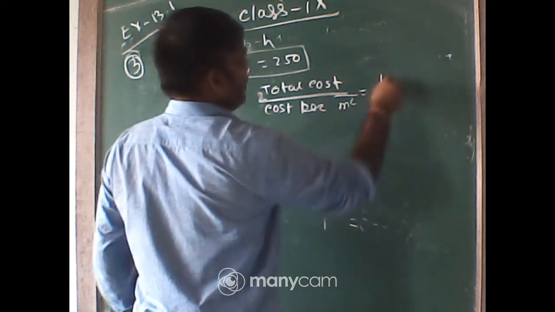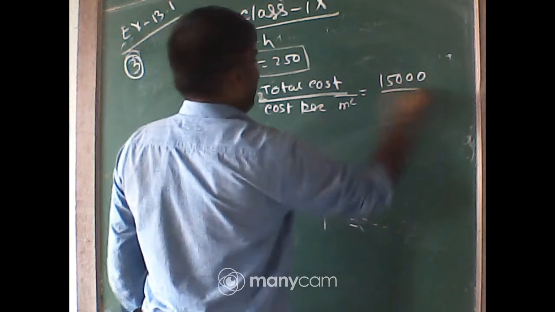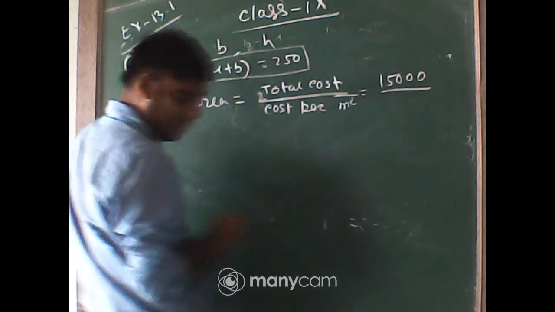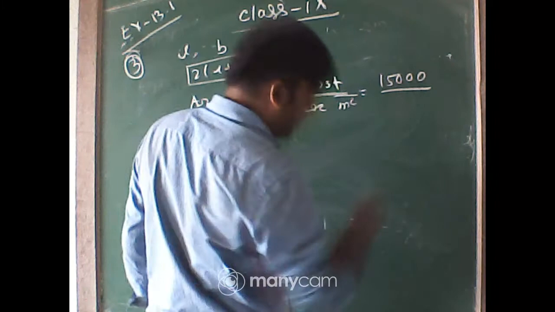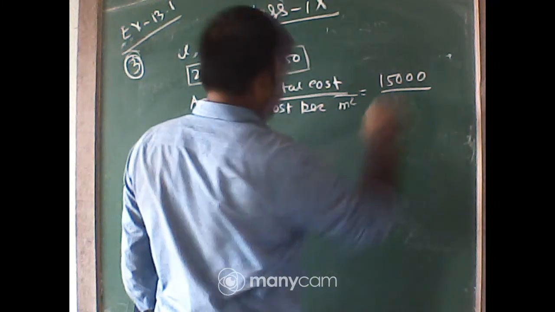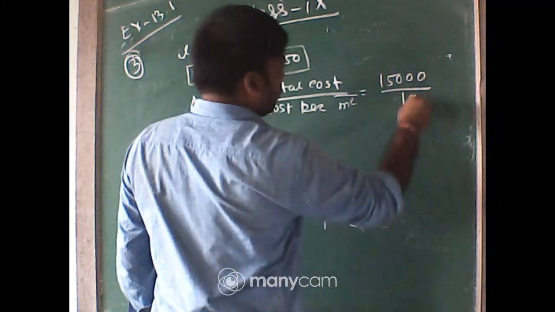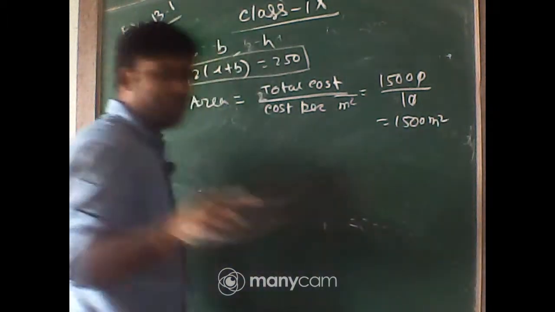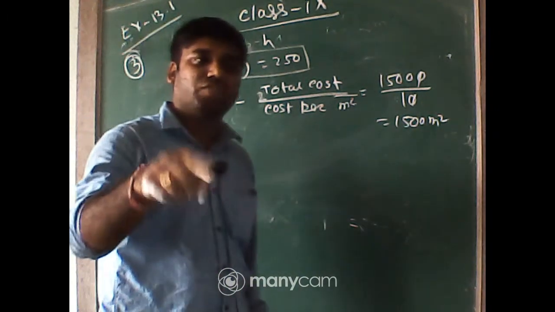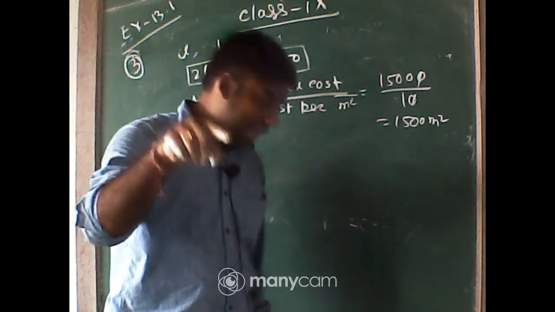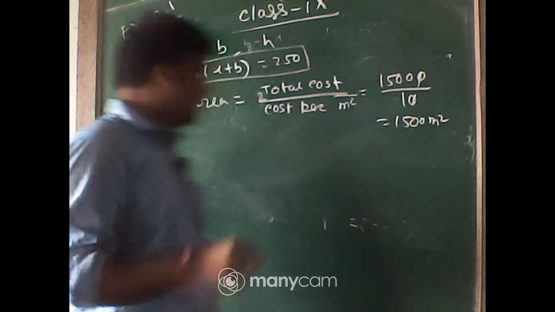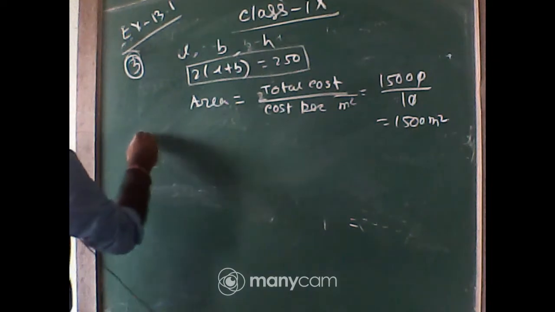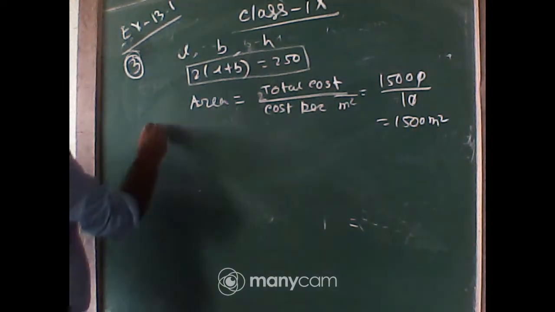So total cost is 15,000, and cost per meter square is 10. So 1500 meter square is the area of the 4 walls. Now students, by using the formula, what is the area of the 4 walls?